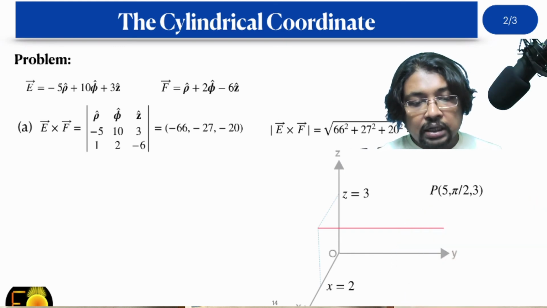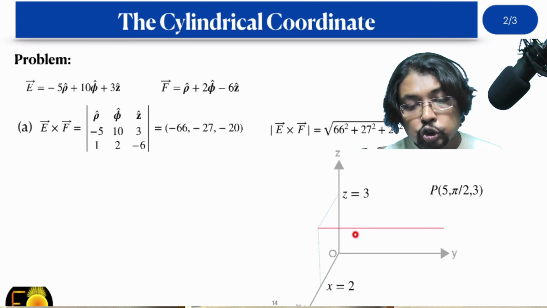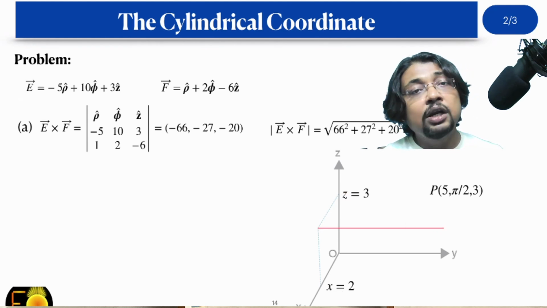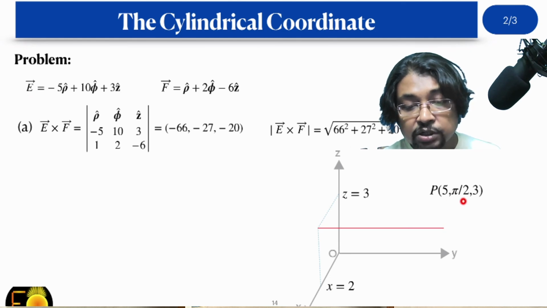That means the component of E, that is the electric field, which is parallel to this line, and that line is defined for x equals 2 and z equals 3. Now, this line is parallel to the y axis, and we have to calculate this electric field at this particular point.